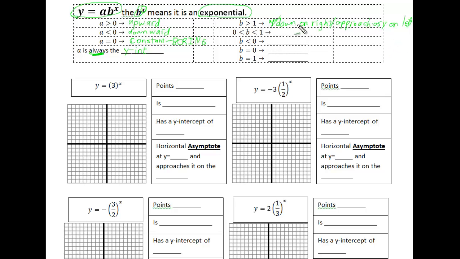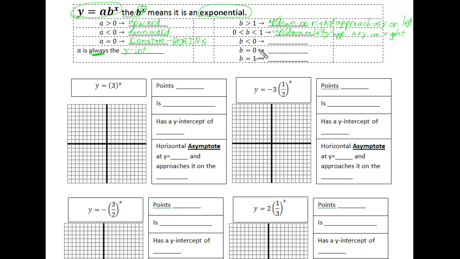So it will go up or down on the right, and it's going to approach the asymptote on the left. If b is between 0 and 1, then it's going to be exactly the opposite. It's going to be up or down on the left, and it's going to approach the asymptote on the right.